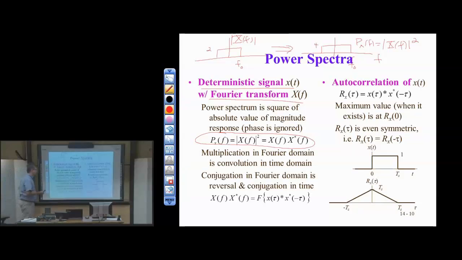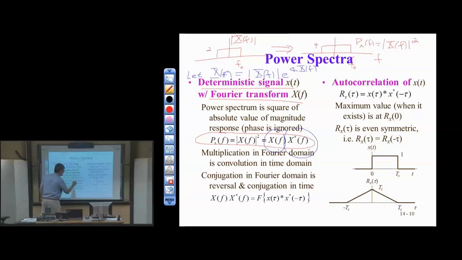Now another way to calculate this is to take the Fourier transform and multiply it by its conjugate. If you remember, if we think about this in polar form, so if you let X of f be equal to the magnitude times a phase term, then if I multiply by the conjugate, the phases are going to subtract out and the magnitudes square.